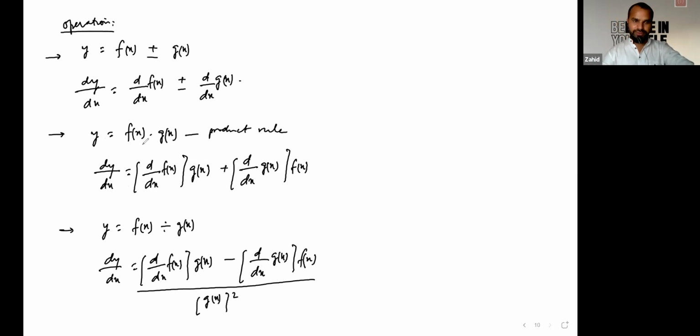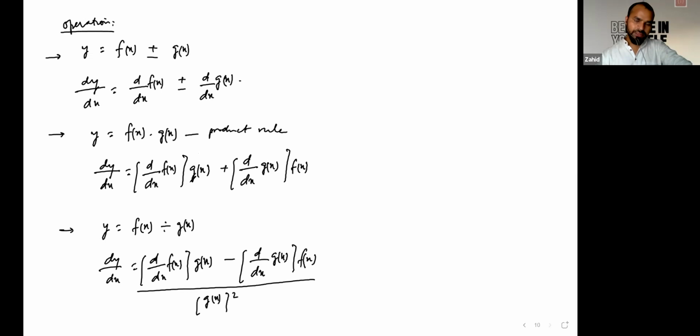For the product rule, if we have two functions multiplied by one another, differentiate the first part and multiply it by the second one, plus differentiate the second part and multiply it by the first part. Similarly for division, differentiate the numerator and multiply it by the denominator, minus differentiate the denominator and multiply it by the numerator, whole divided by the square of the denominator.